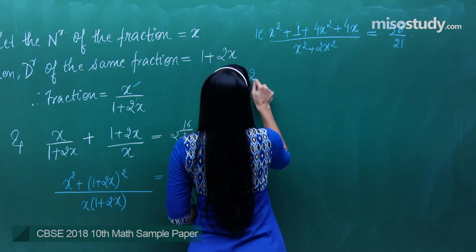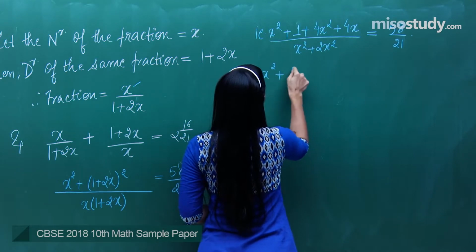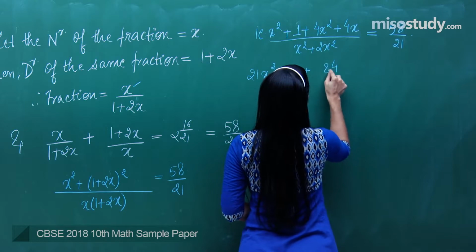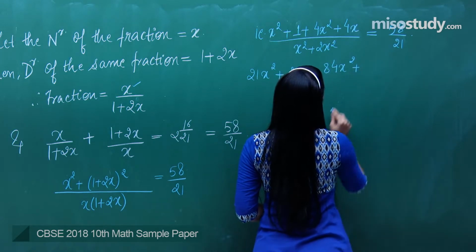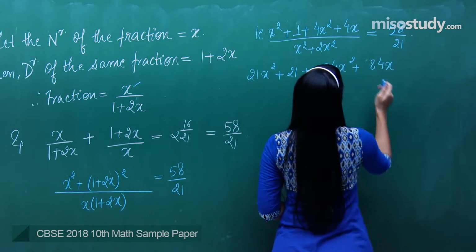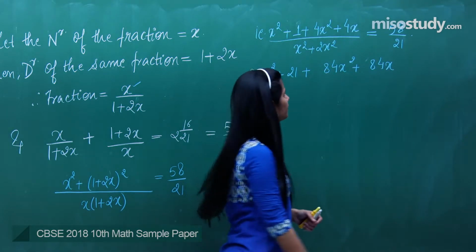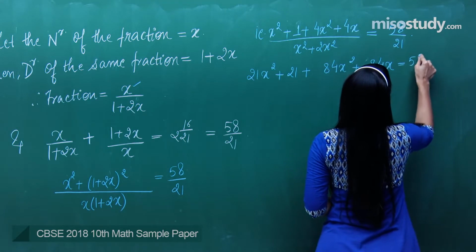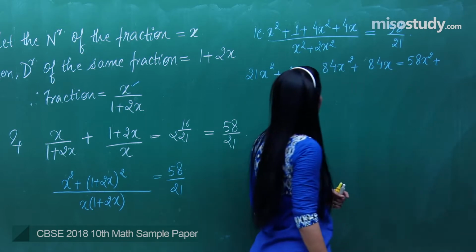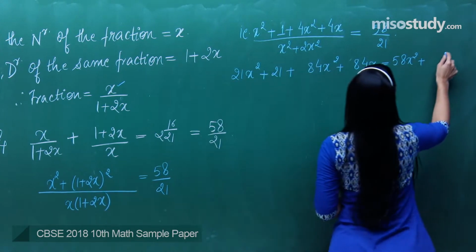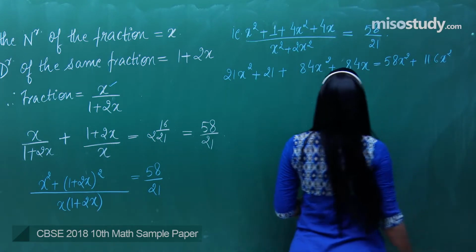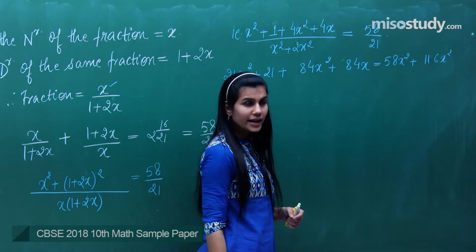Once you have this, let us cross multiply. So, you have 21x square plus 21. What is 4 into 21? 84x square plus 84x. This is what you have. This is equal to 58x plus, what is 58 into 2? 116x square, right?